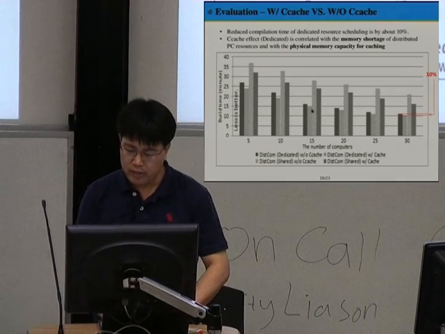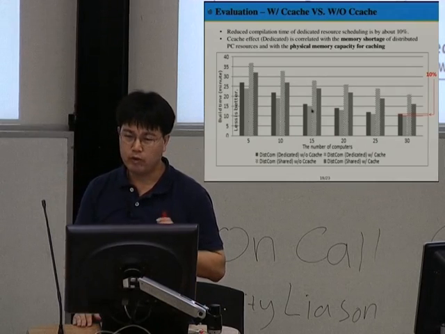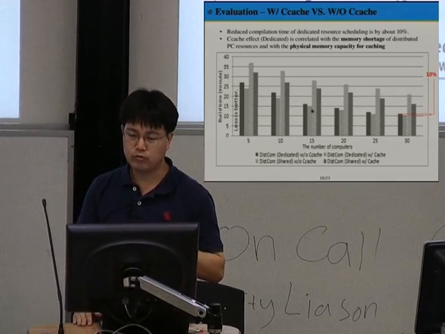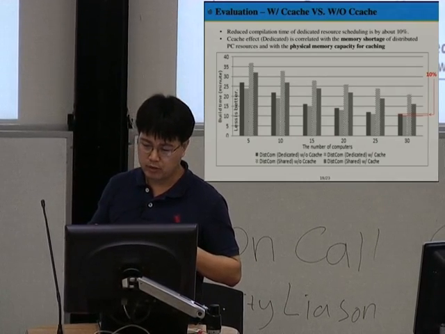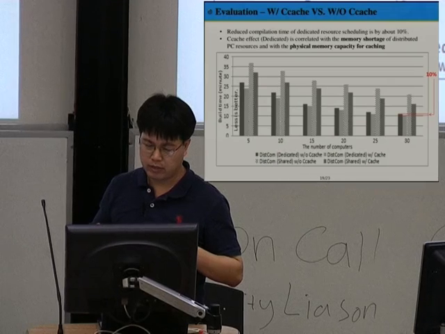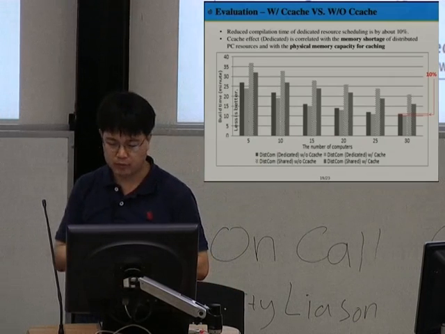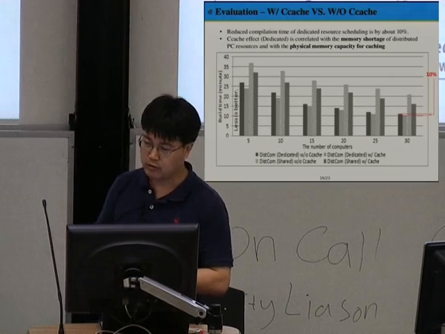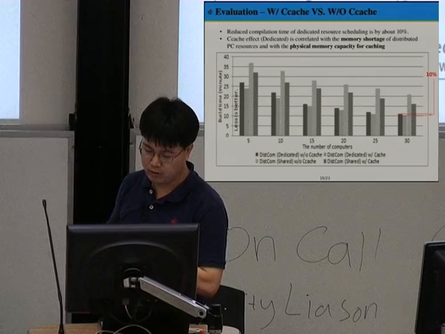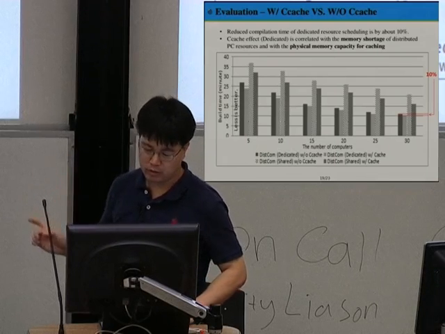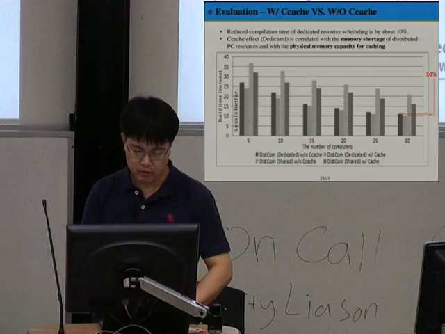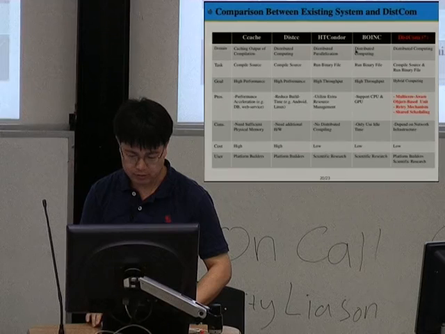So at that time, we expected that we could get high performance by using ccache, but as you can see, we got only a small benefit with ccache because, as I mentioned, the memory shortage and the physical memory capacity of the caching.